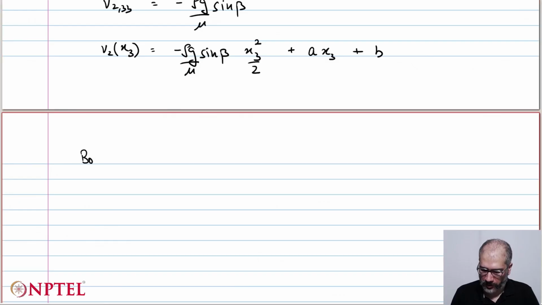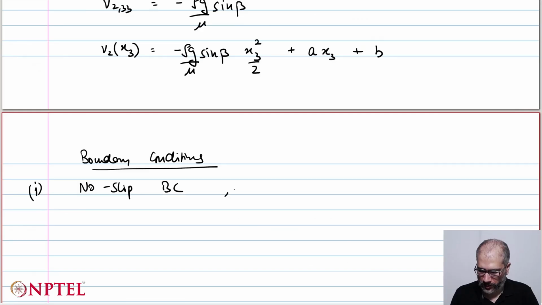So now we apply boundary conditions for velocity. The first boundary condition we'll apply is something that's called a no-slip boundary condition. That is, the velocity v2 at x3 equals 0 is 0.